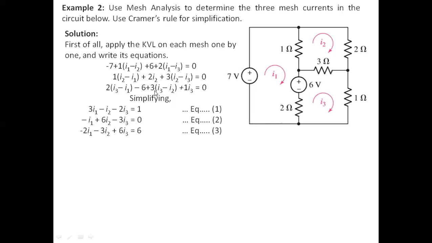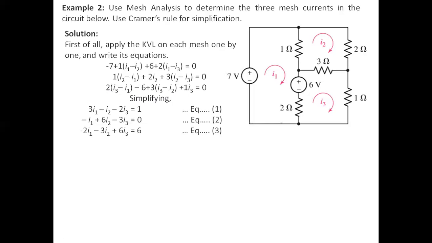Similarly the third one: minus 2I1 minus 3I2 plus, here 2 plus 3 is 5, plus 1 is 6I3, equal to the value which you shift to that side, it is plus 6, right?